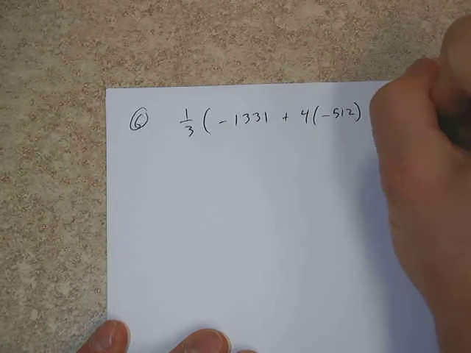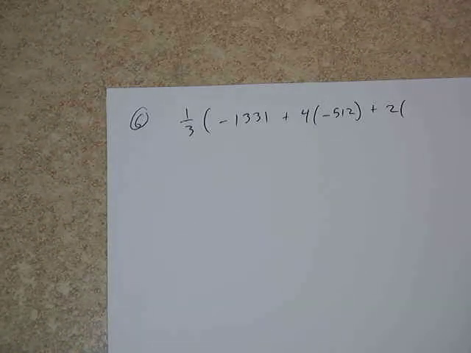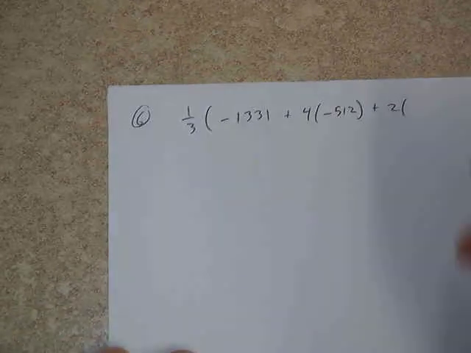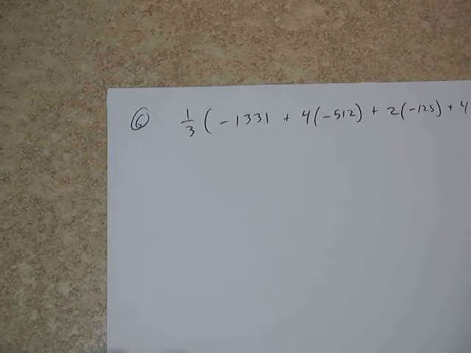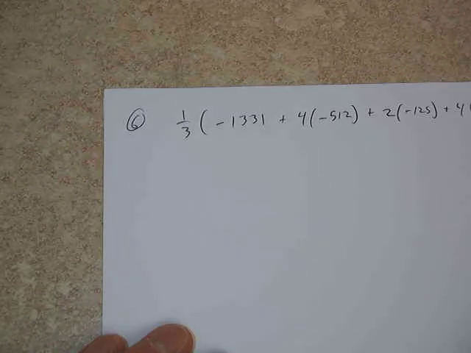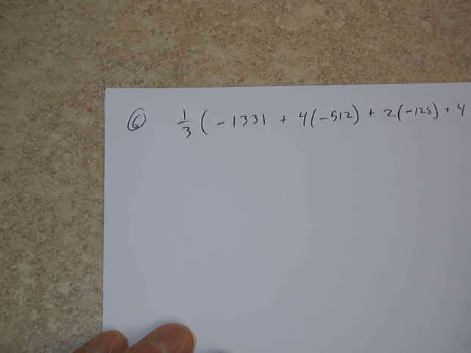And then we do a 2 next, and we put a 0 in. Our 0 is going to give us negative 5 cubed, which would be negative 125. And then 4 again. Put a 1 in there this time. We'd get negative 2 cubed, which is negative 8. And then finally, the right endpoint, we'll put a 2 in there, and we're going to get 1 cubed, which is 1.